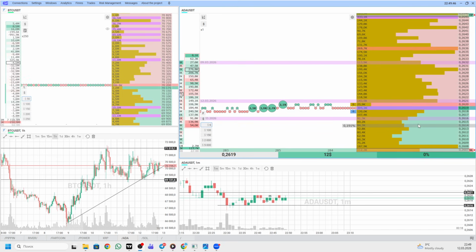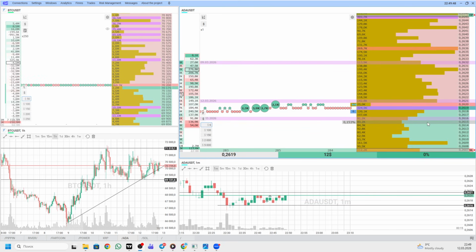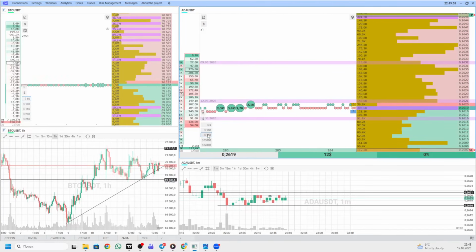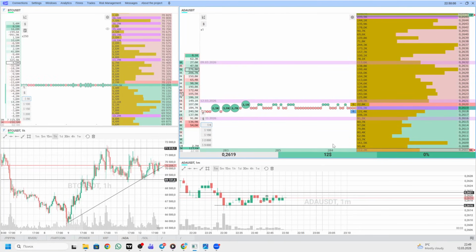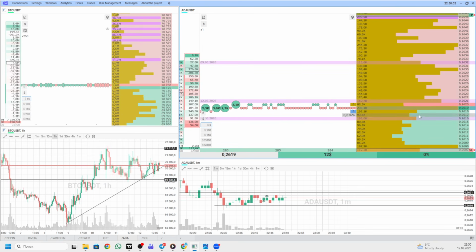We just need to press right button in green area, and it will sell $6 because I have here $6. If I put here 150, it will be 150. $6. I need just $6. Okay.